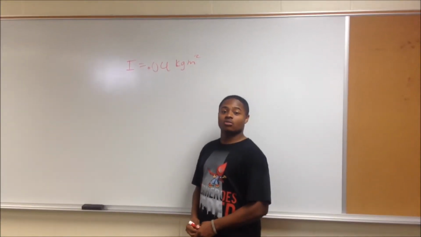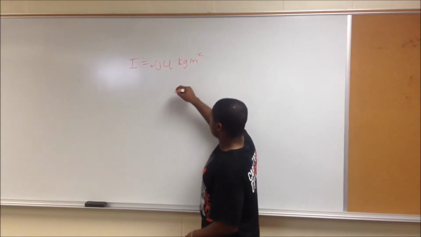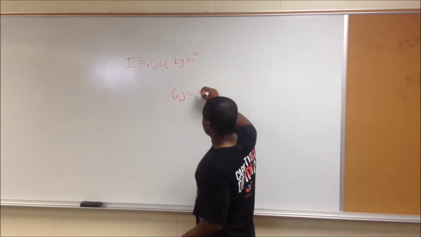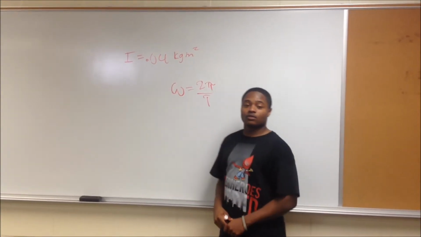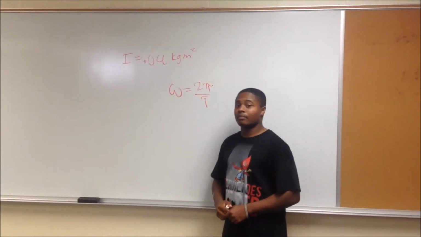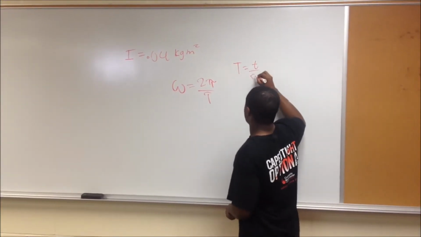To calculate the angular momentum, we have to find the angular velocity. The equation for angular velocity is omega equals 2 pi over T. T being the number of seconds per revolution. The equation for T equals lowercase t over revolutions.